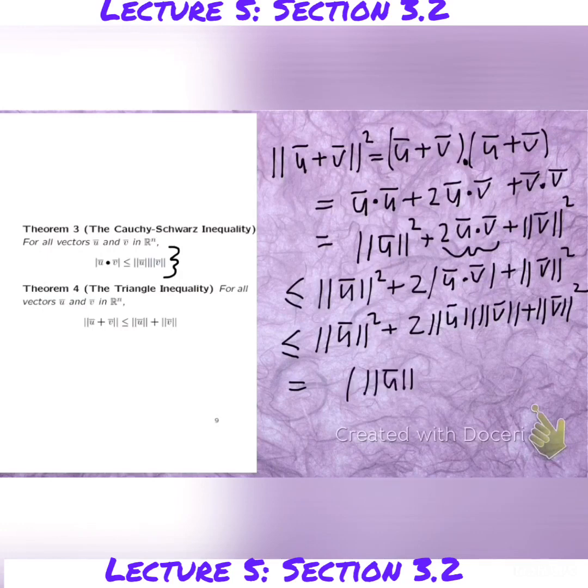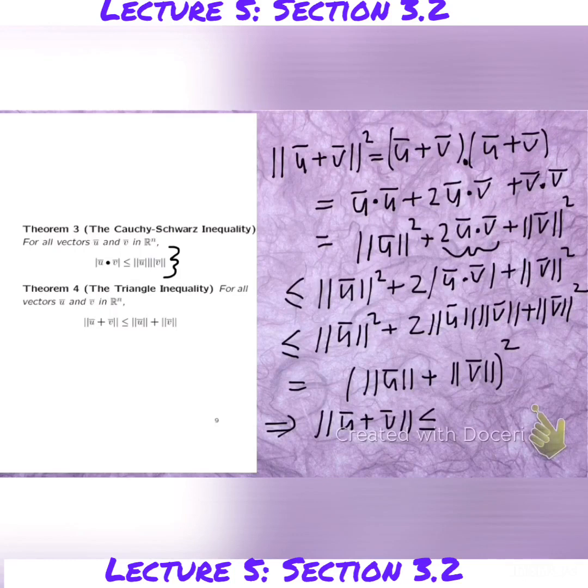the norm of u plus the norm of v, squared, which then implies that our inequality holds, because the square of the norm of u plus v is at most the square of the norm of u plus the norm of v.